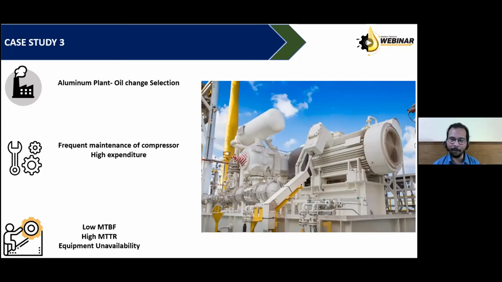Suppose at 5,000 hours the oil gets contaminated and we need to replace it. Okay, fine. When the compressor was running at the 4,999th hour, it was full of contamination, because after 1 hour we are going to replace the oil. So 1 hour before, it was running with full contamination, and internals were getting damaged.